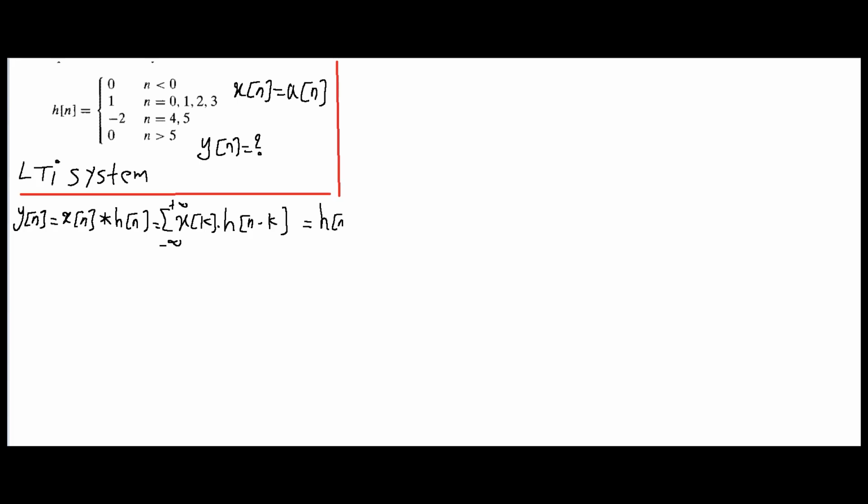Or we can also write it as the convolution of the impulse response with the input, which is equal to the summation of h[k] multiplied by x[n minus k]. Which one we use depends on the problem and which form makes it easier to solve. In this question, we use the convolution of the impulse response with the input.